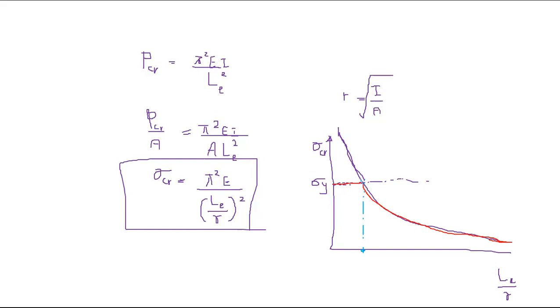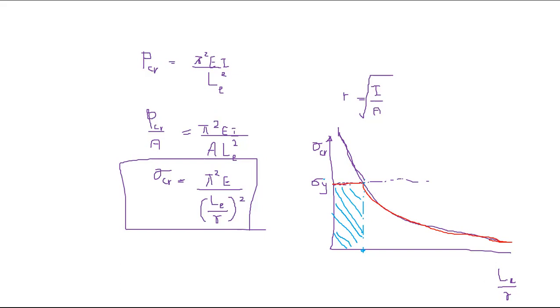At that stage. And for low slenderness, in this region, your buckling stress is higher than the compressive strength. So that means failure is by crushing, right?